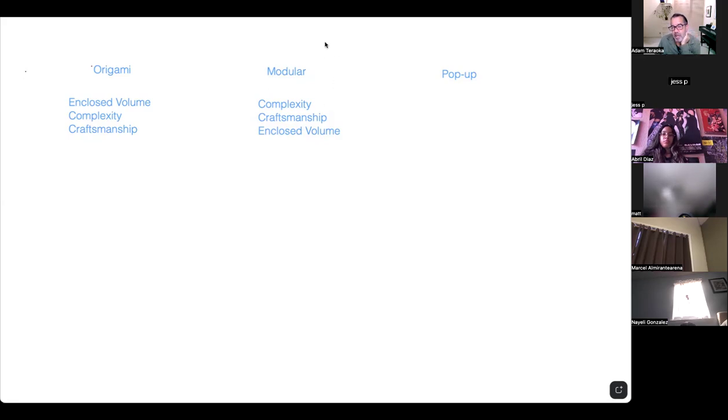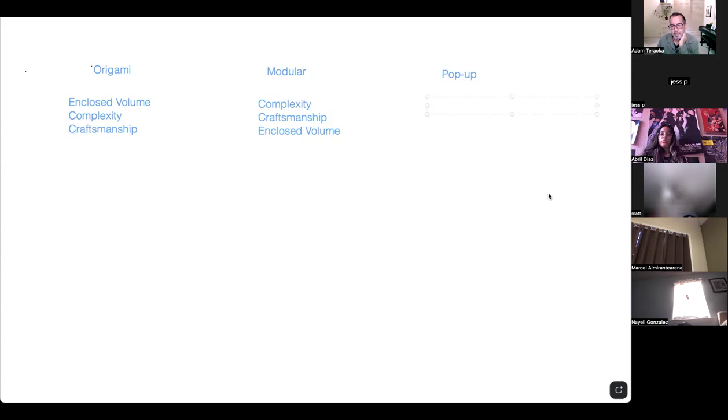If you do a modular project, the enclosed volume is already built in a lot of times, depending on the module that you pick. That's why I look at that last, because it's almost innate to the project. So I'll look at complexity and then how you put it together, craftsmanship again. Enclosed volume is important, but I'll look at the other things first.